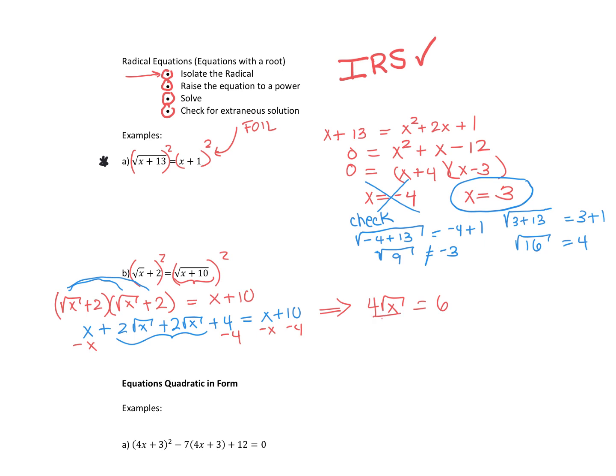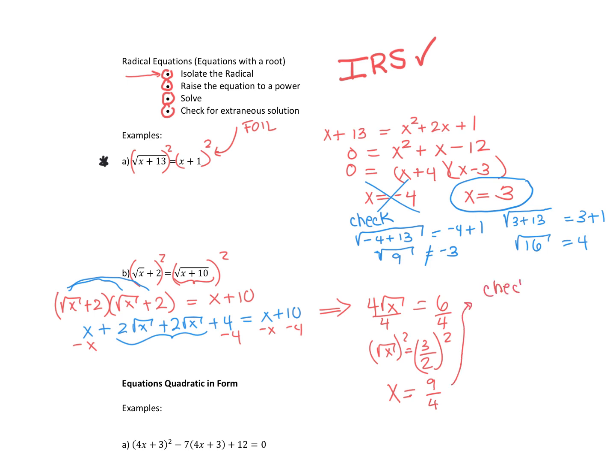Dividing by 4 to isolate that radical, I get root x is equal to 3/2. And then when I square both sides, I get x equals 9/4. Now I do have to check my solution.